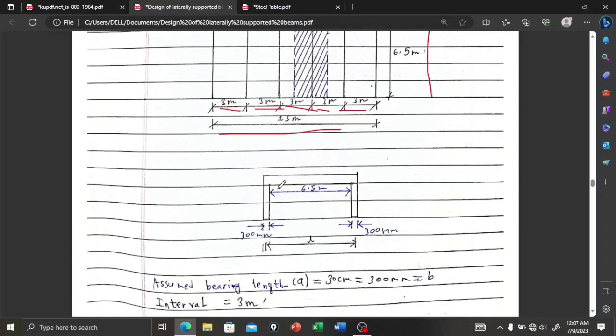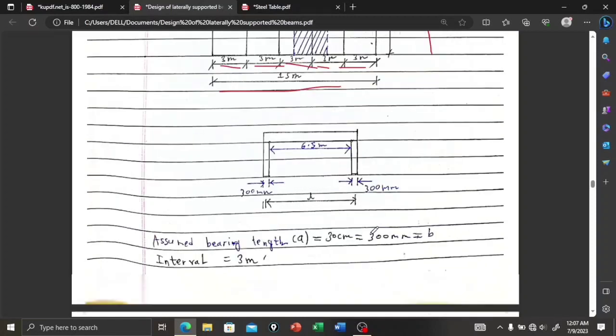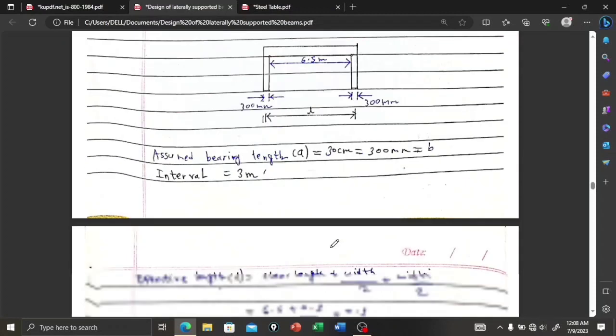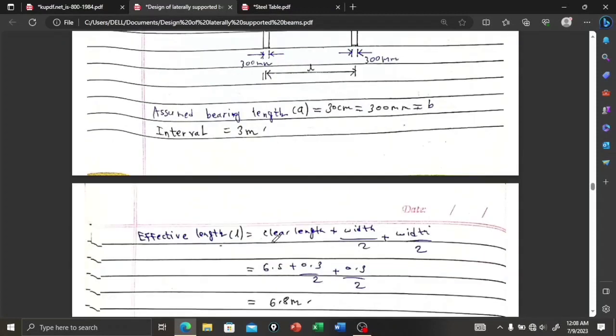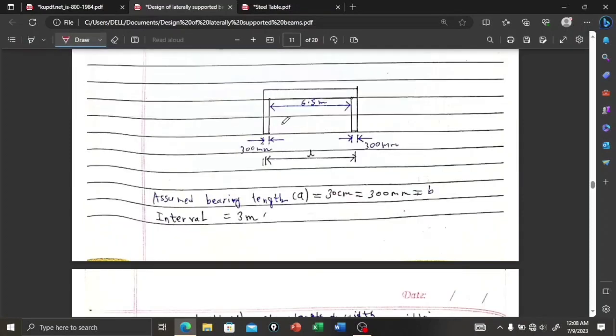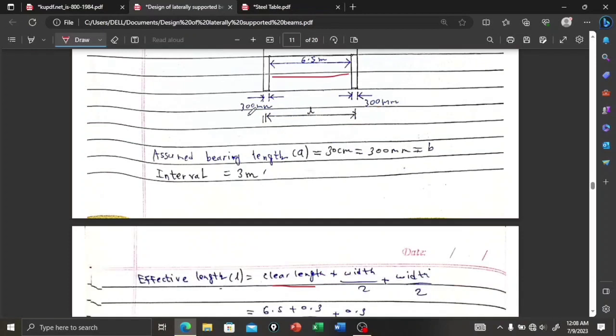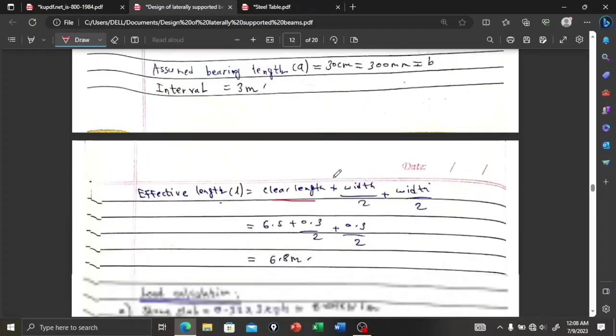This is the 6.5 clear distance, and the bearing width is 300 and 300. So effective length is clear length plus width divided by 2 plus width divided by 2. Clear length is 6.5 meter and width is 300 millimeter, that is 0.3 meters.